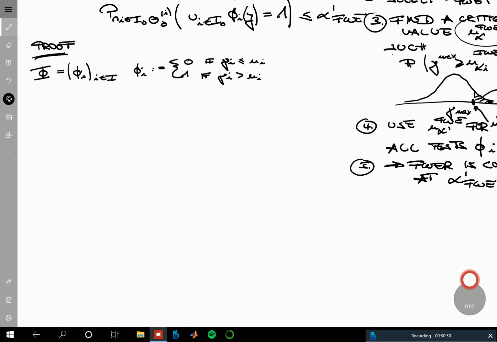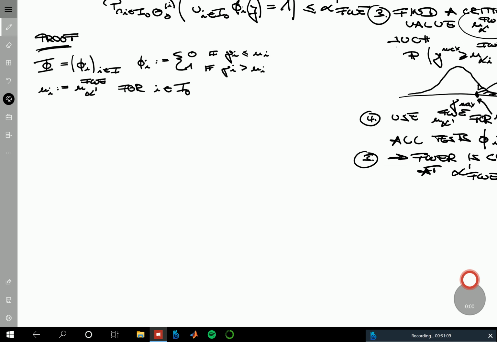And now we say u_i, so the critical value for each individual test, is set to this common critical value for all null hypotheses, and you can assume that not all of them hold or not.